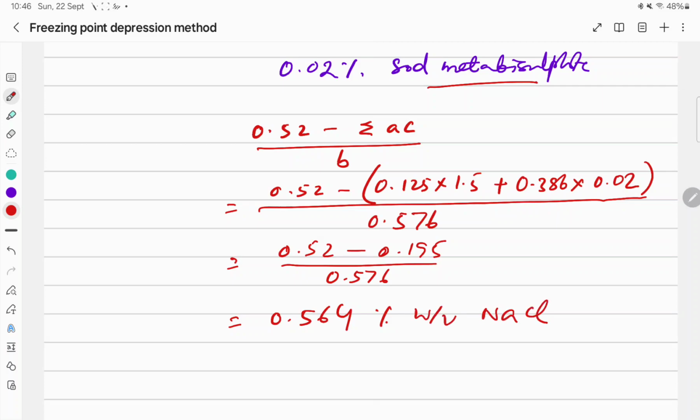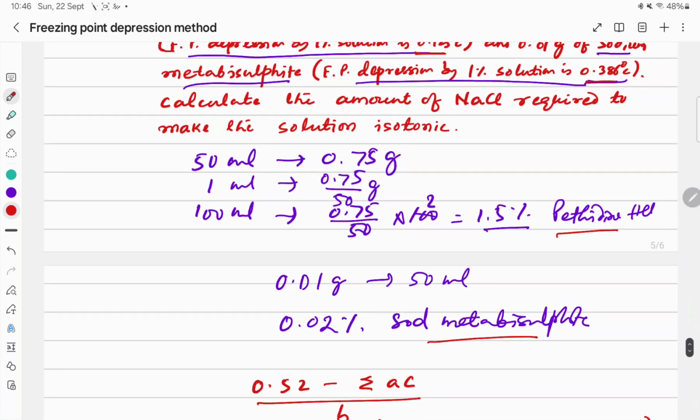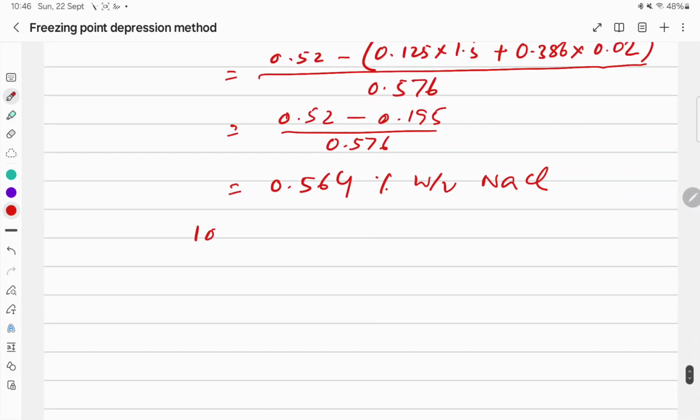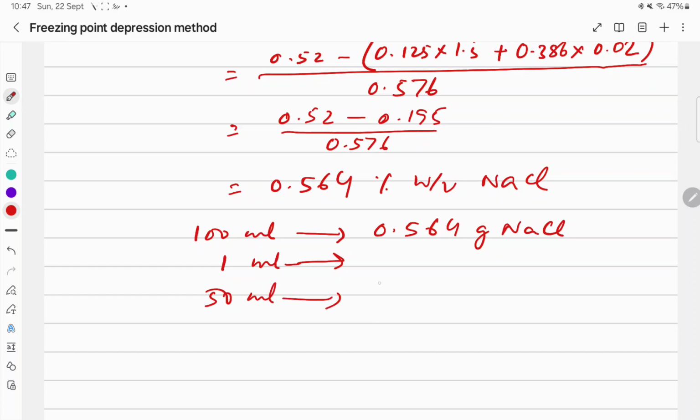percent weight by volume of sodium chloride. So for 100 ml, 0.564. Since in the question it is 50 ml, for 100 ml we need 0.564 gram sodium chloride, and accordingly for 1 ml and for 50 ml it will be 0.564 by 100 into 50.